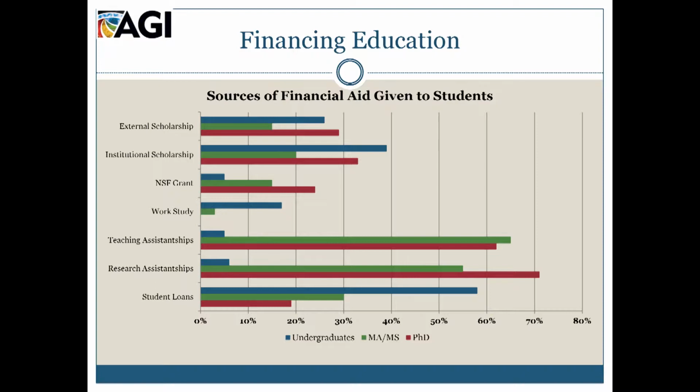What's interesting to point out on this graph is our percentages for TAs and RAs are expectedly high for our graduate students, but the student loans was kind of interesting. It's kind of expected to have a large percentage of undergraduates taking out student loans, but I was surprised by the graduate students, with 30% of masters and nearly 20% of PhD students taking out some sort of student loans to help finance education or living expenses during their time in school.